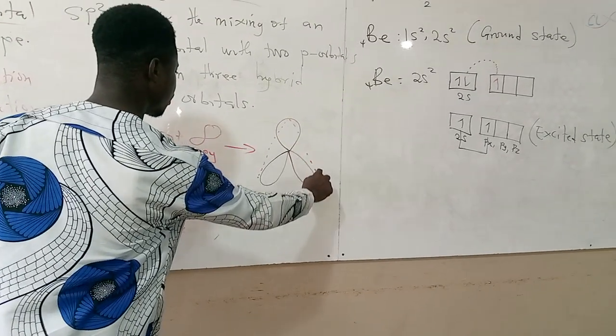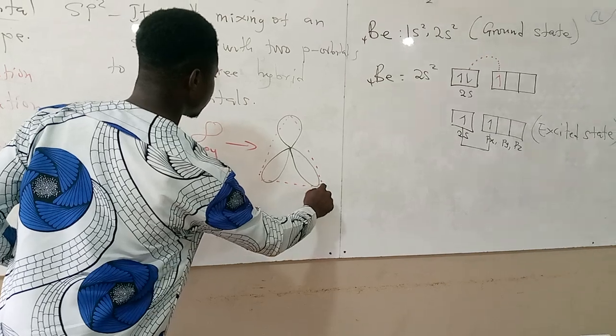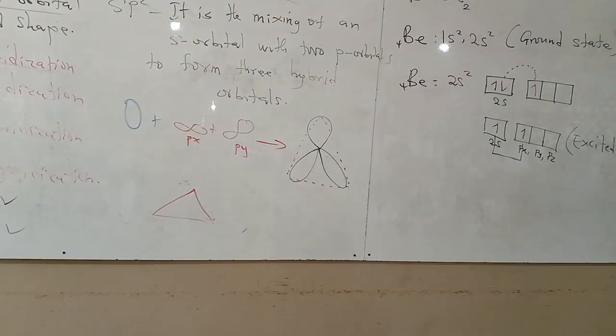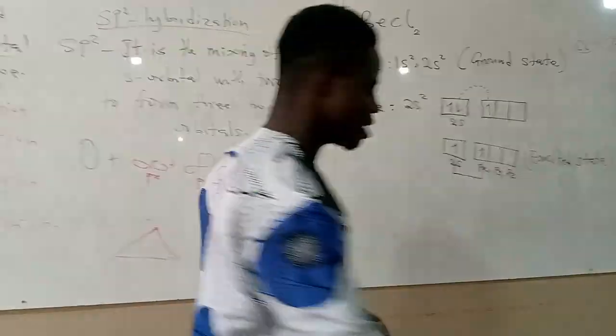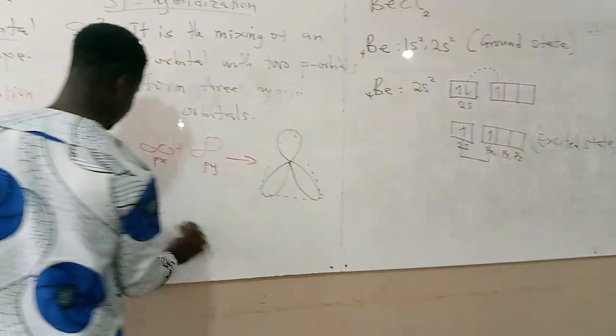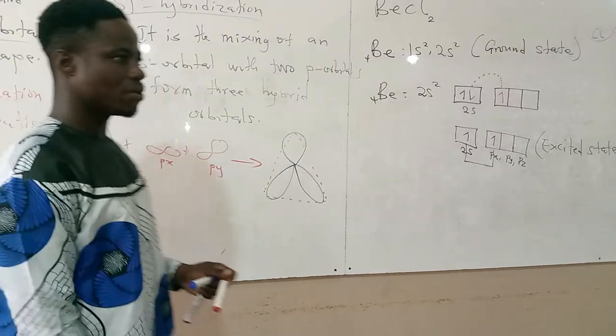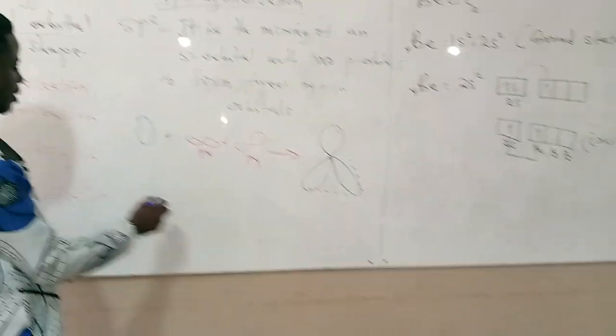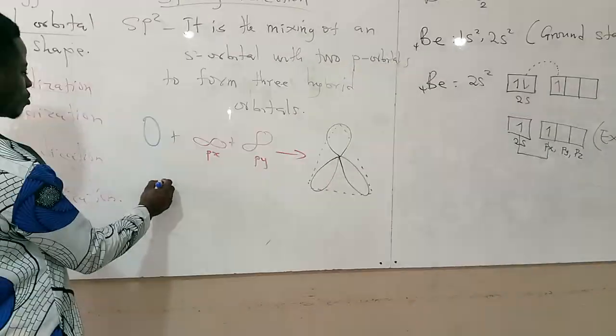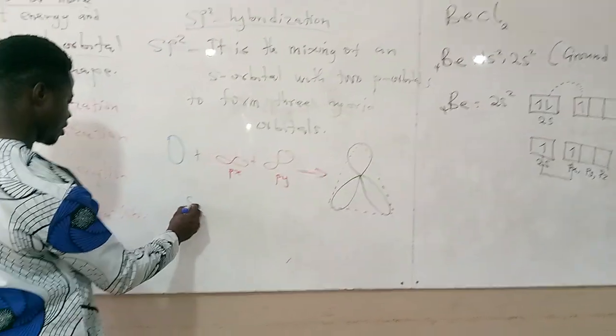I'll show you how it looks. This is a triangle, and so we have this shape as trigonal planar. Look at this, this is a trigonal shape. I'm going to indicate the shape.